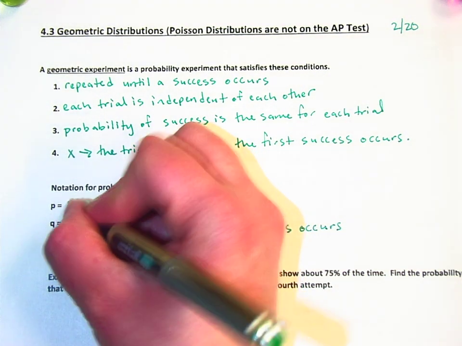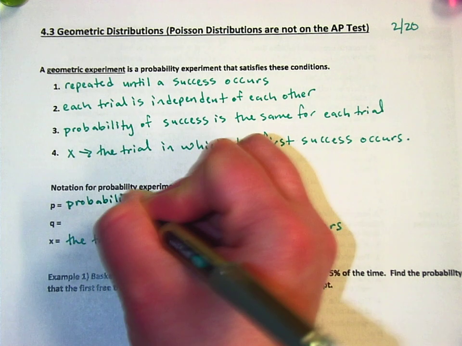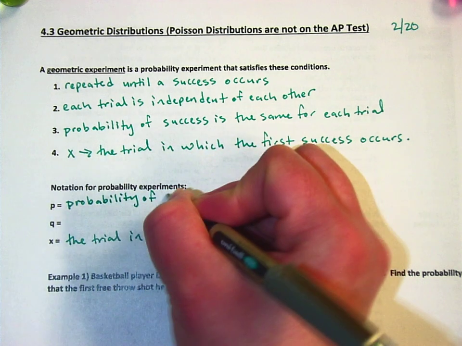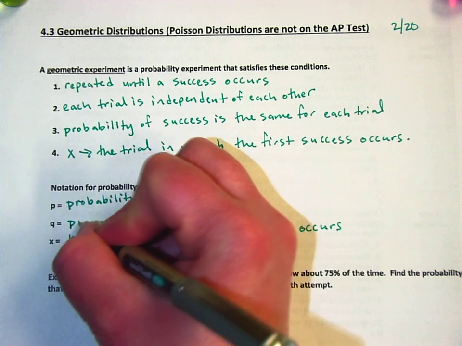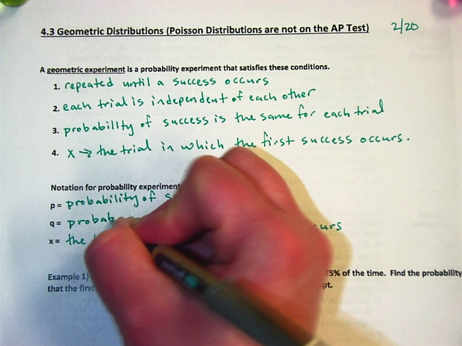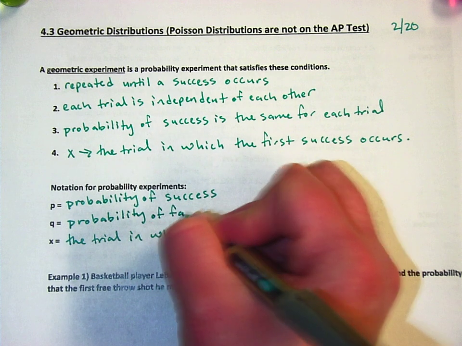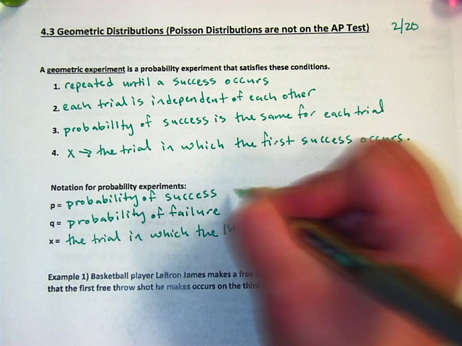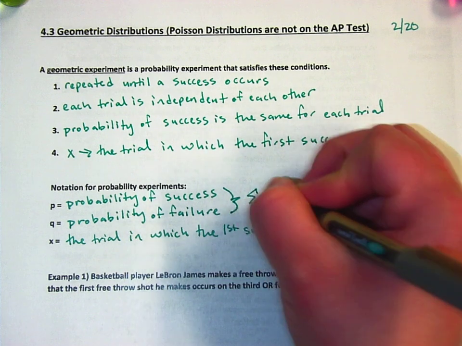P is the probability of success. Q is the probability of failure. Together, these add up to 1.